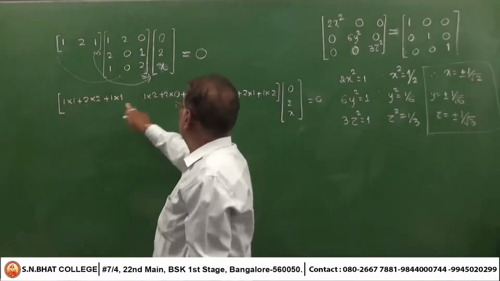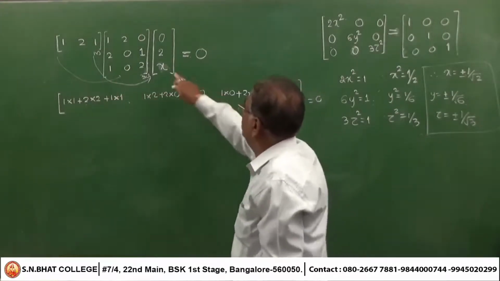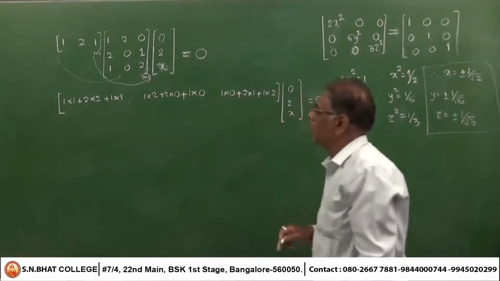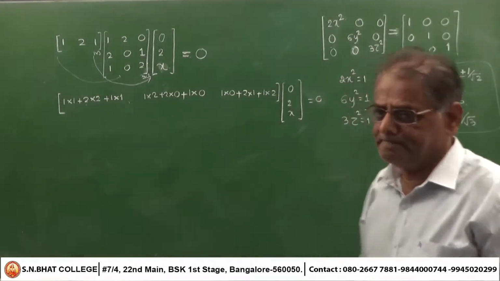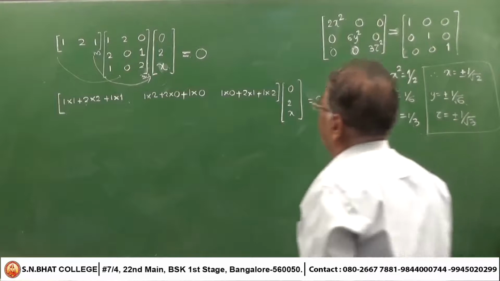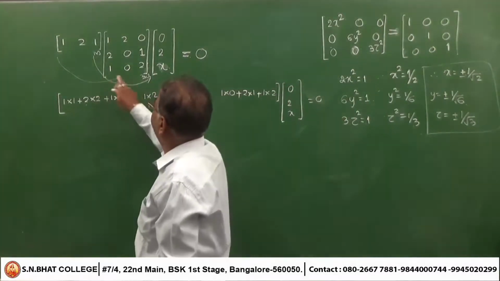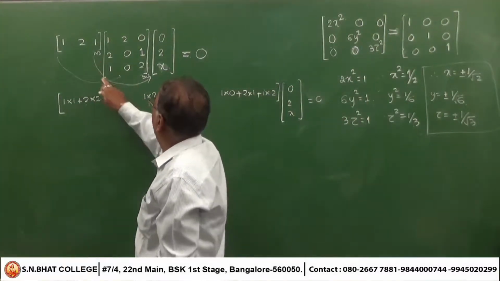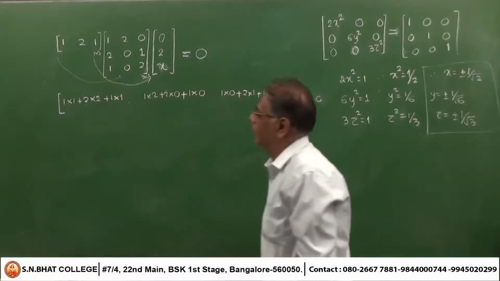If you multiply these two, you will get this matrix, into, write this as it is. We should be very careful while multiplying. Before multiplying, you write the order of the two matrices and you should know what is the resultant of these two matrices. If you multiply these two matrices, resultant will be a 1 cross 3 matrix, outer one.